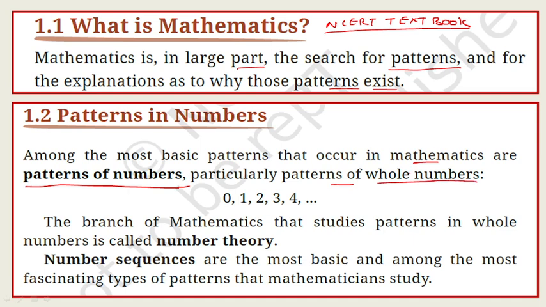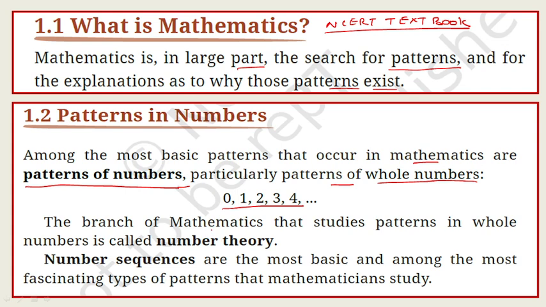What is a whole number? Whole numbers start from 0 and go up to infinity. All positive numbers starting from 0 are called whole numbers. Similarly, all numbers starting from 1 to infinity are called natural numbers.